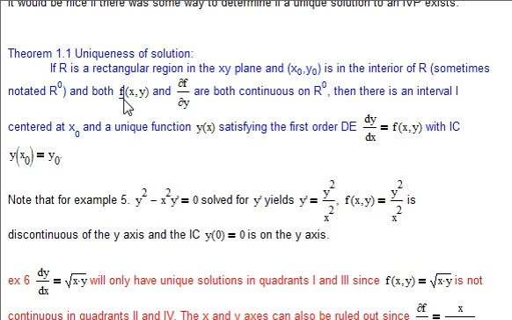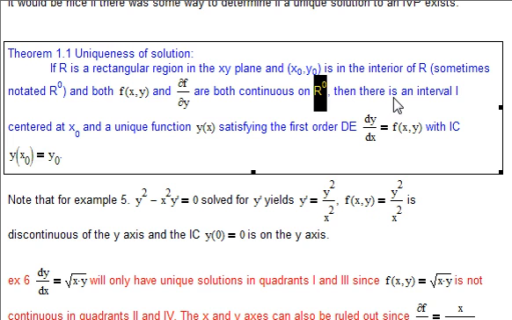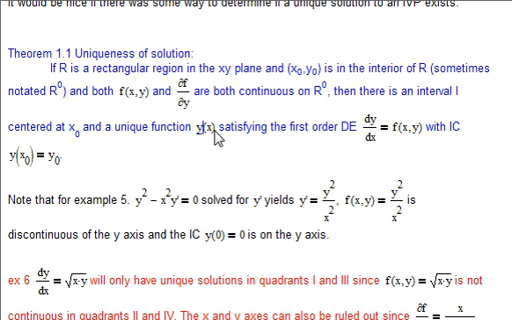And both f of x y and the partial of f of x y with respect to y are continuous on the interior of R. Then there is an interval I centered at x sub 0 and a unique function y of x satisfying the first order differential equation dy dx equals f of x y with the initial condition y of x0 equals y0.